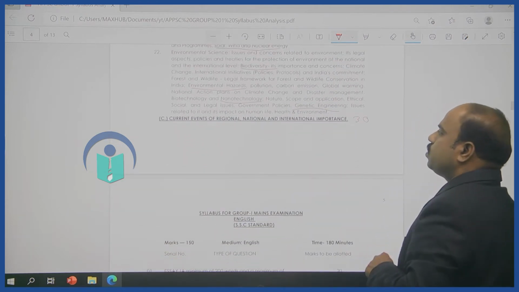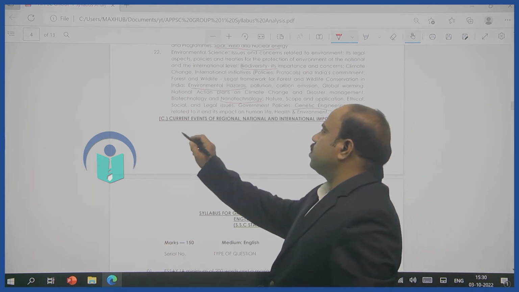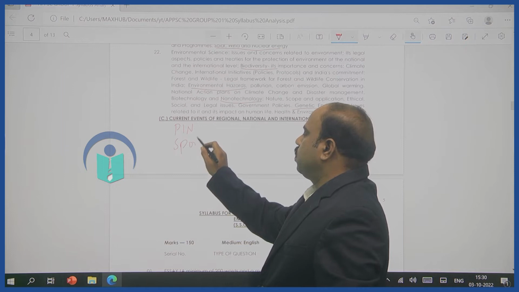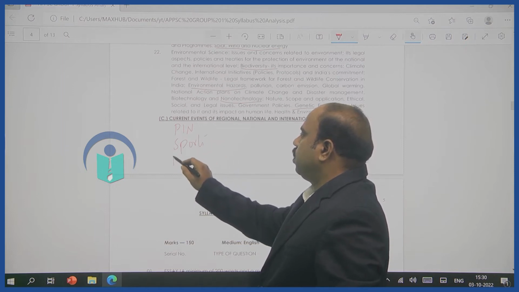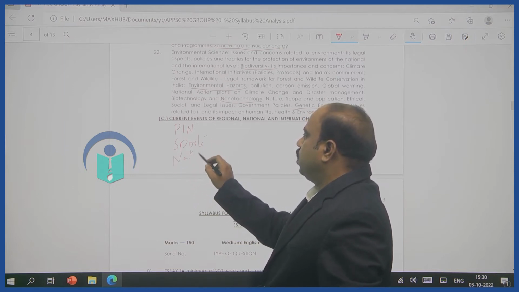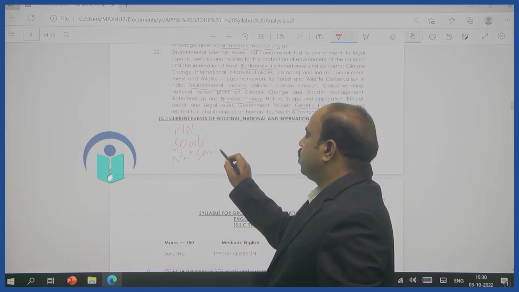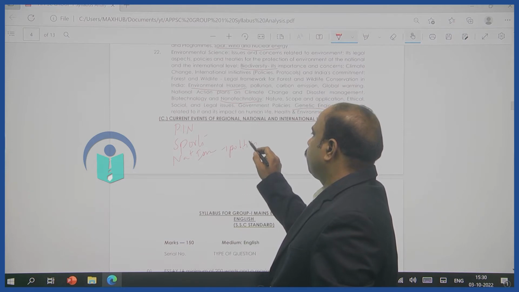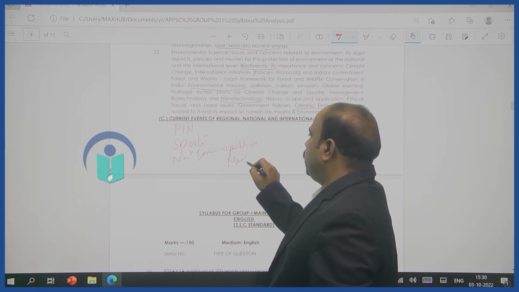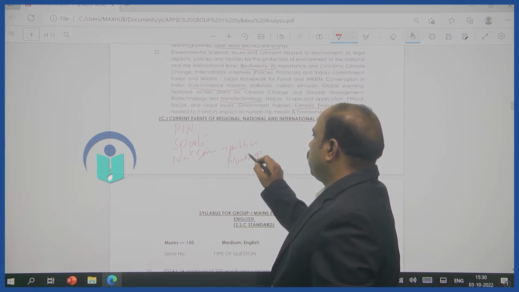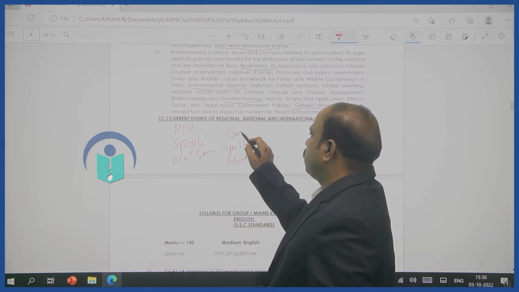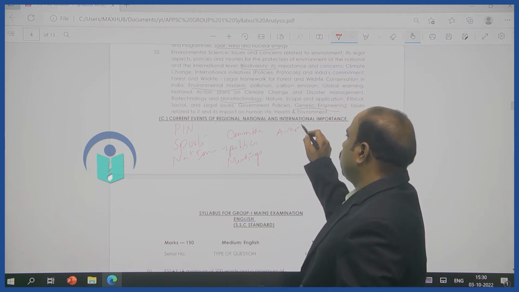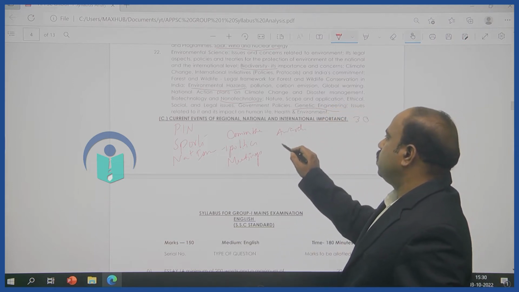Next, coming to the current events of regional, national and international importance, there are persons in news, sports. Following, national issues like politics. The next, meetings, committees, awards and honors.